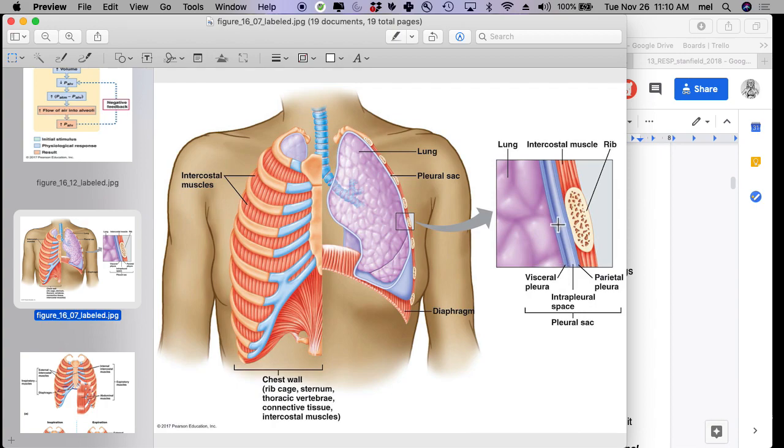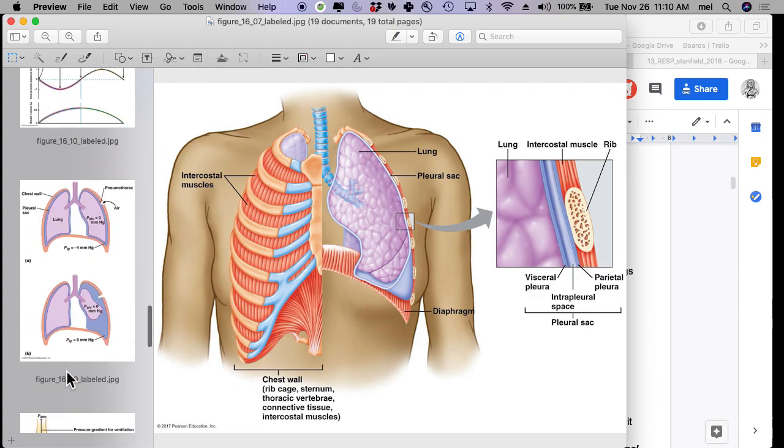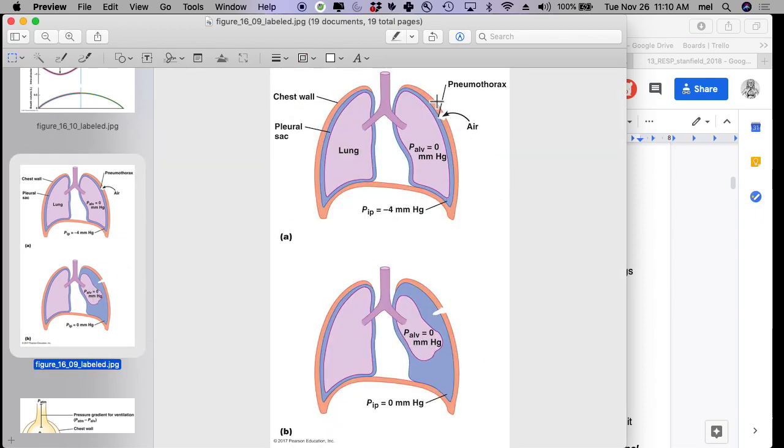Okay. That only happens if the pressure in the intrapleural space is negative, meaning it has to be lower than atmospheric pressure. That is all well and good because it develops naturally with you guys, and it only causes problems if something equalizes the pressure by, for instance, a pneumothorax.